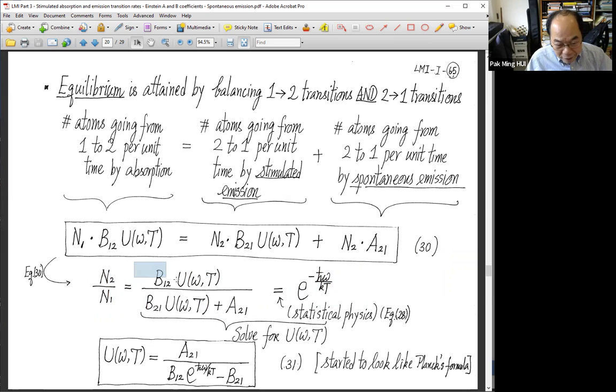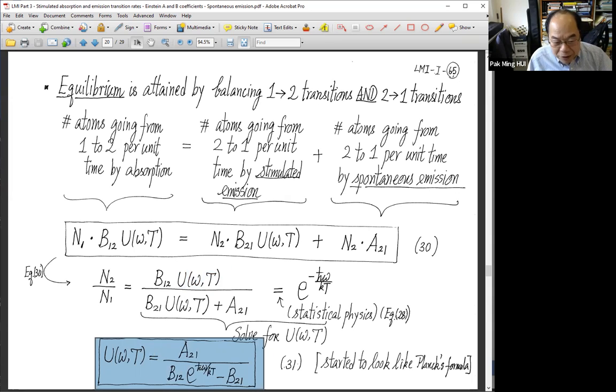Therefore, dynamical equilibrium and statistical physics give us this. Therefore, we can solve for an expression for the light distribution, the strength of light at a particular frequency, given by that.